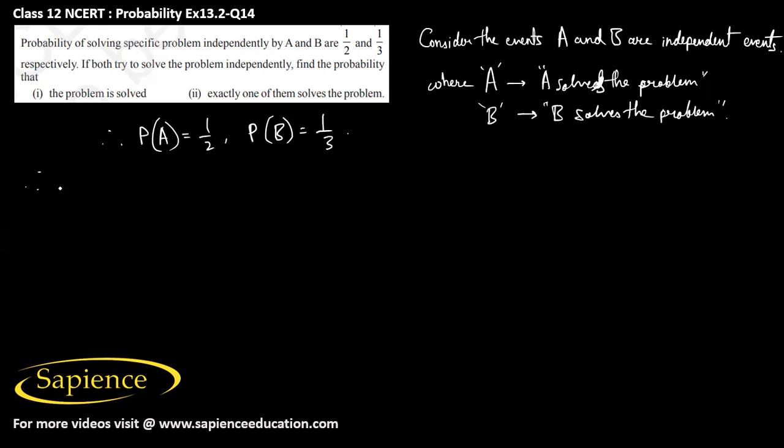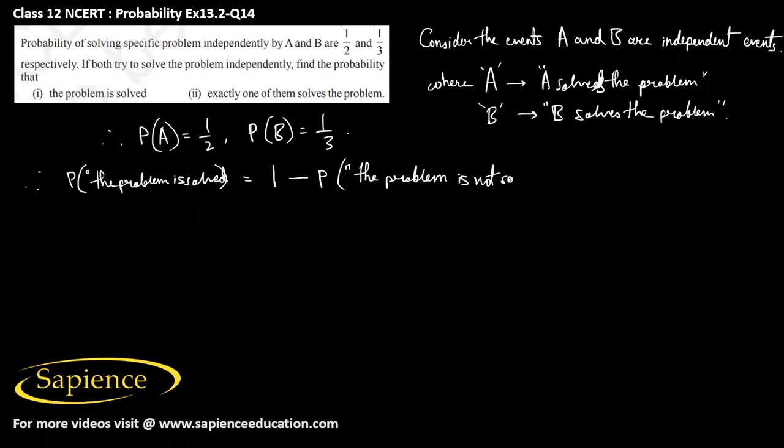So therefore, the probability that the problem is solved, it means that either both of them can solve it or any one of them can solve it. So we can do 1 minus the probability that the problem is not solved.